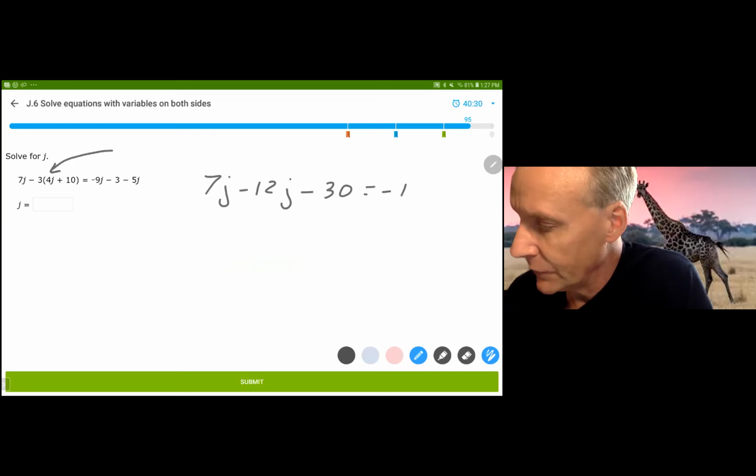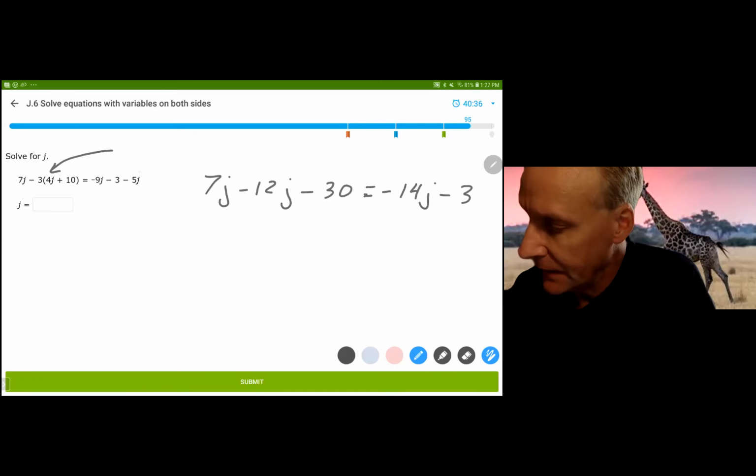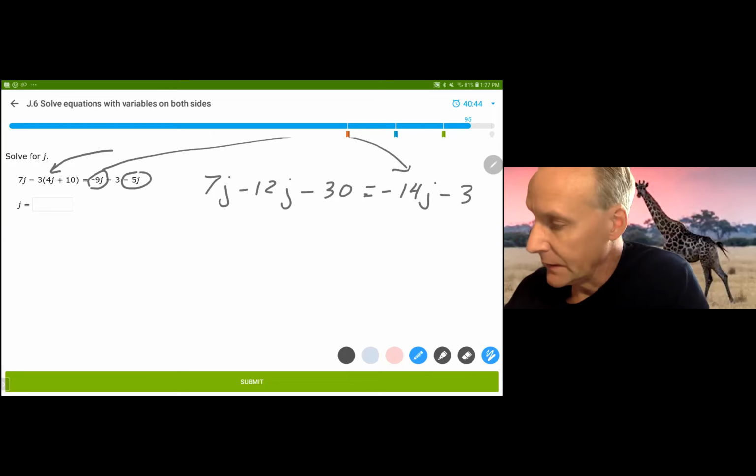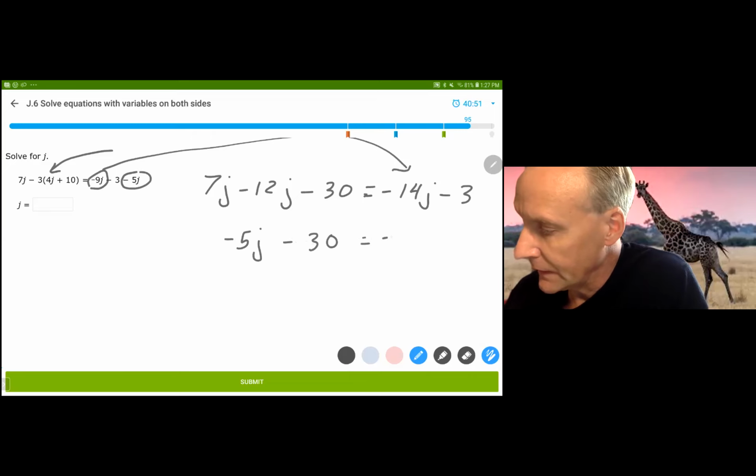That is negative 14j minus 3. All I did was add the negative 5j and the negative 9j, which gave me negative 14j over there. Now I've got negative 5j minus 30 equals negative 14j minus 3.